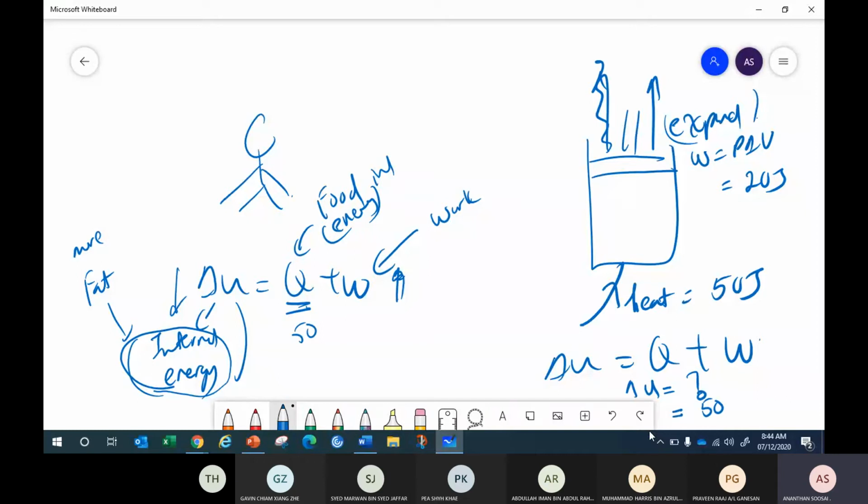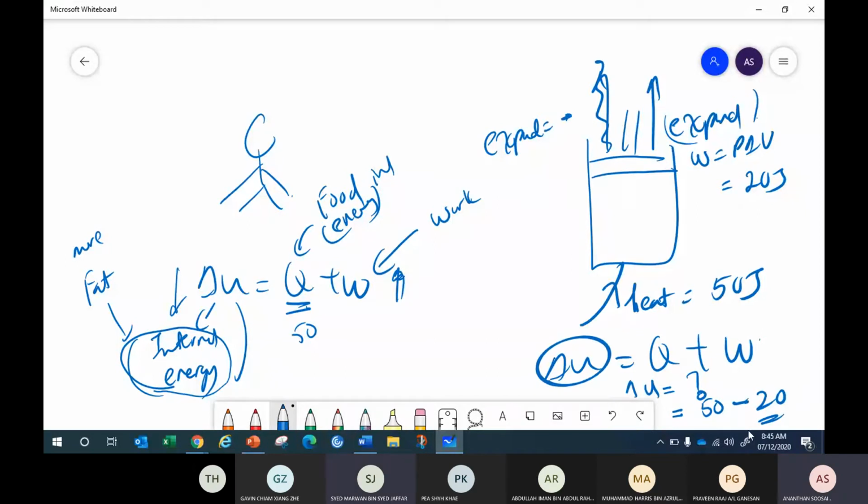You run and carry something up a ladder. You are burning your fat. So when the gas expands, the work done is considered as negative 20. Why negative? When it expands, we label it as negative because it gives a negative effect to the internal energy.